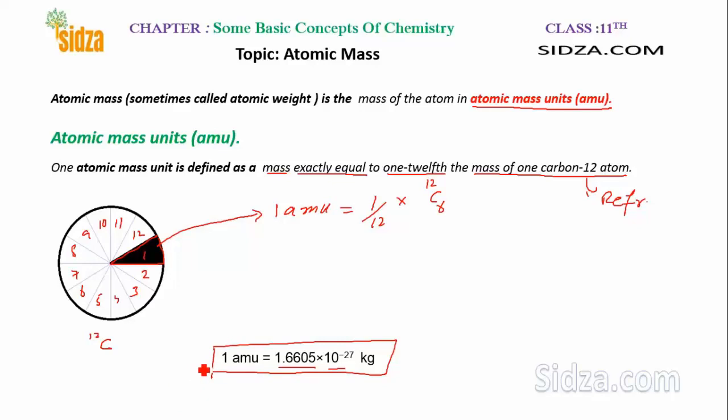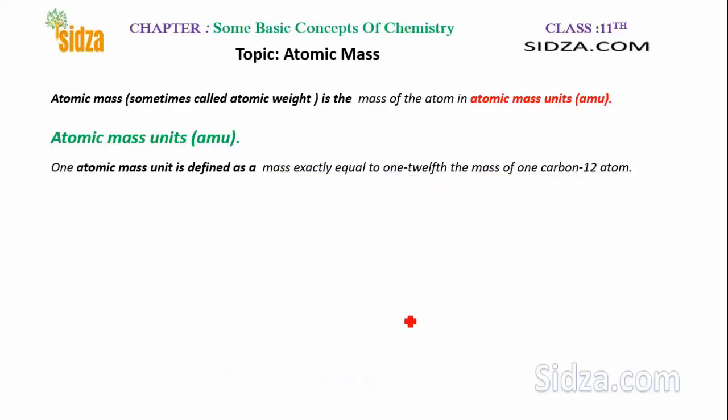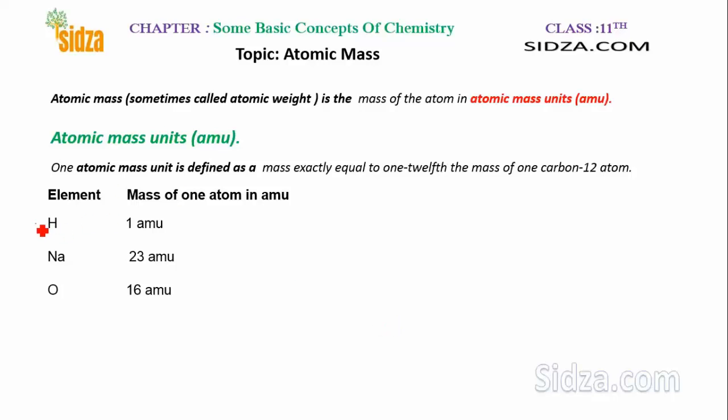So in terms of atomic mass units, for elements like hydrogen, sodium, oxygen and others, the atomic mass comes up as follows. For hydrogen it is 1 AMU, for sodium it is 23, for oxygen it is 16. Similarly, you can check it for the other elements in the periodic table.